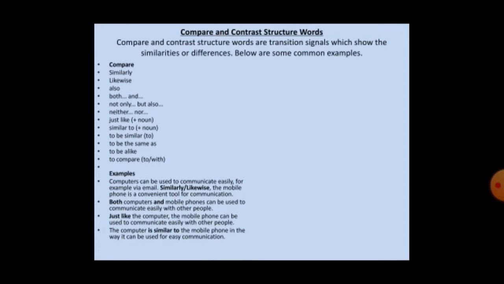For example, computers can be used to communicate easily, for example via email. Similarly, likewise, the mobile phone is a convenient tool for communications.